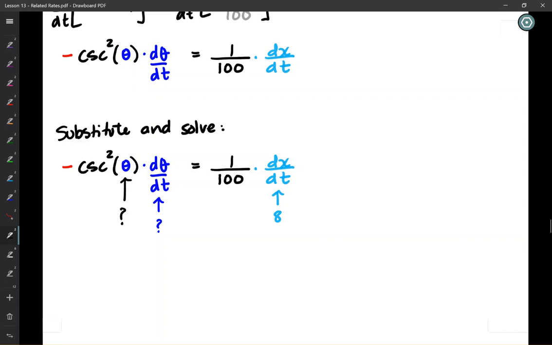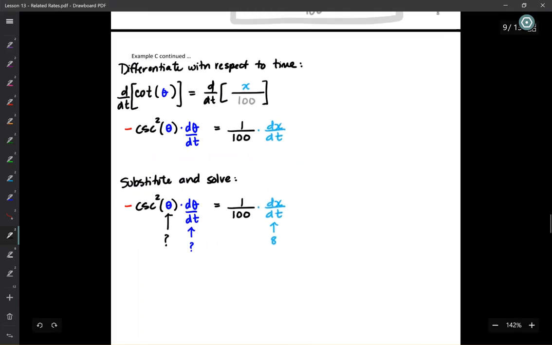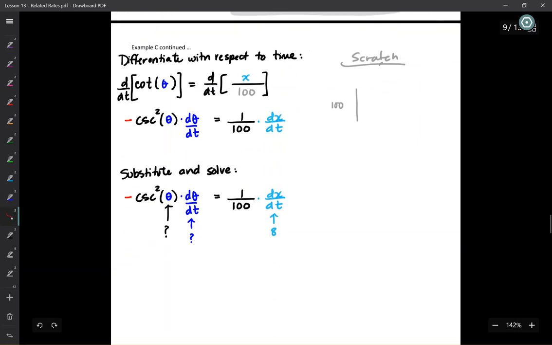To do that, we're going to have to do a little bit of right triangle trigonometry. So I'm going to go off to the side and do a little scratch work with my triangle when z is 200.